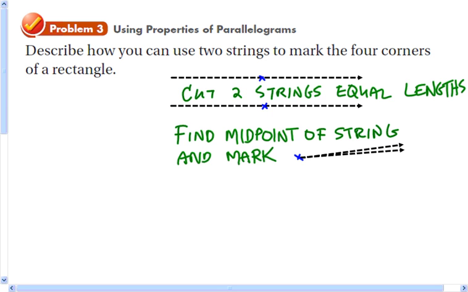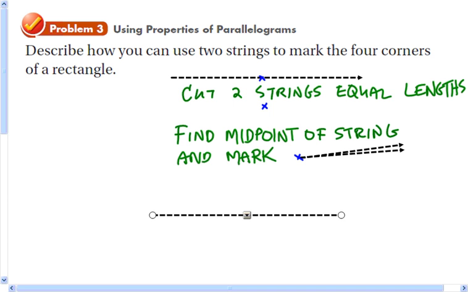Then we are going to stretch out those 2 strings. We're going to need 4 people to do this.